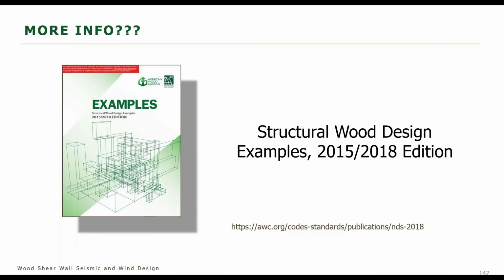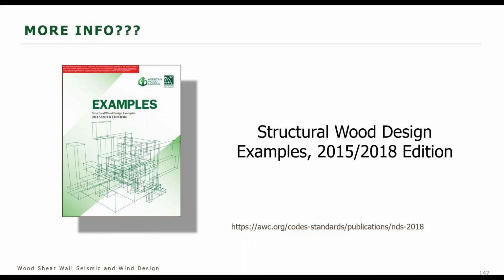So it's a great resource if you're new to wood design, if you are studying for the PE or SE, or just want a reference with some completed examples. It's a free download, and you can check it out on our website. The link is on the slide there, or you can find it through the publications link on our website, awc.org. I just sent it to the audience.